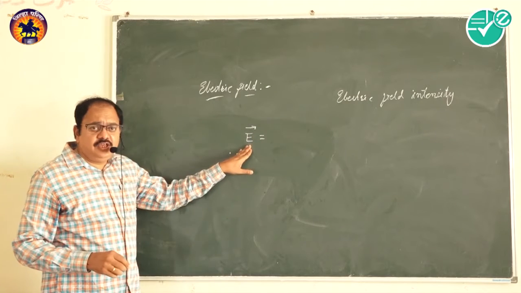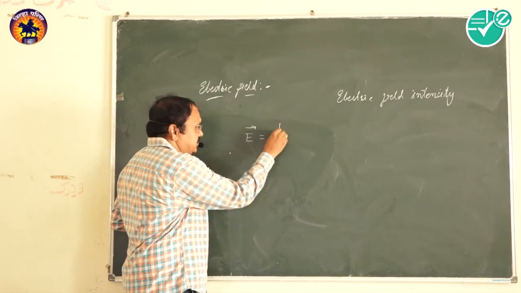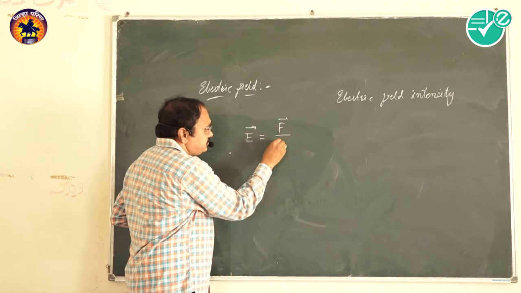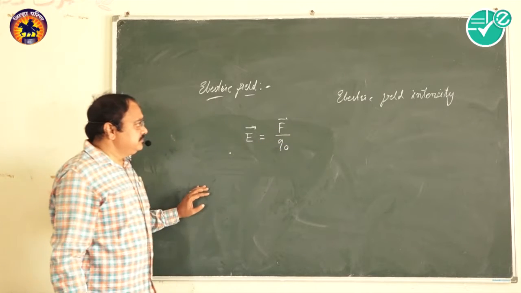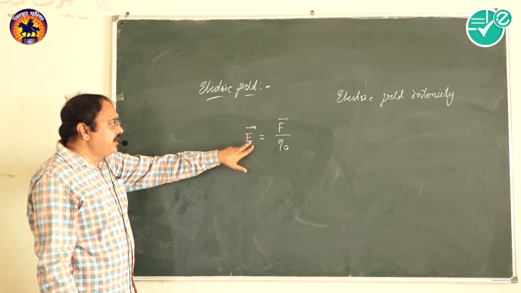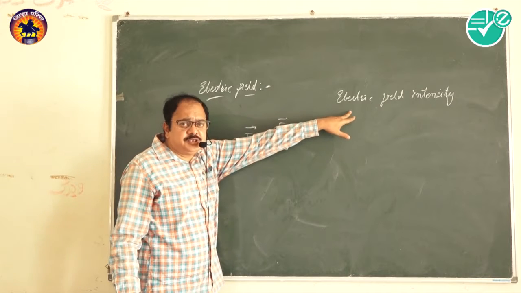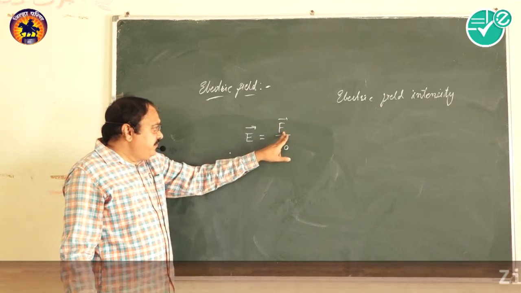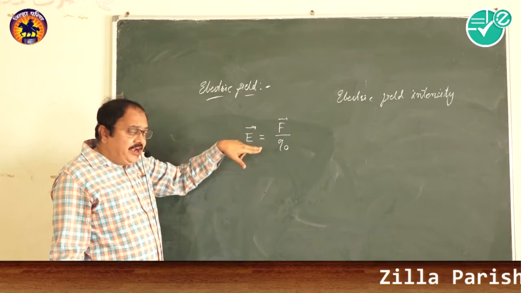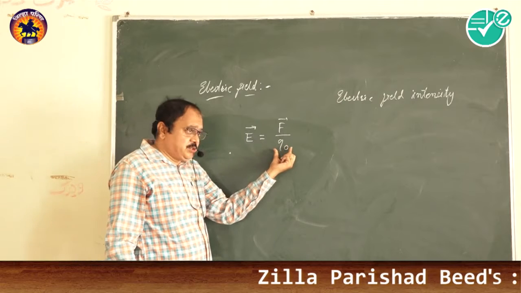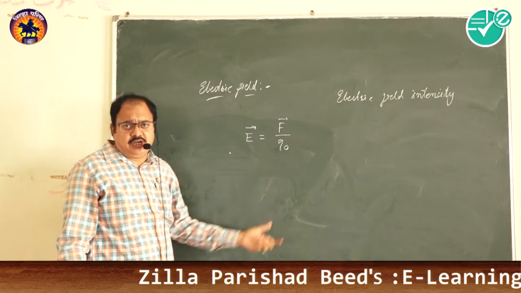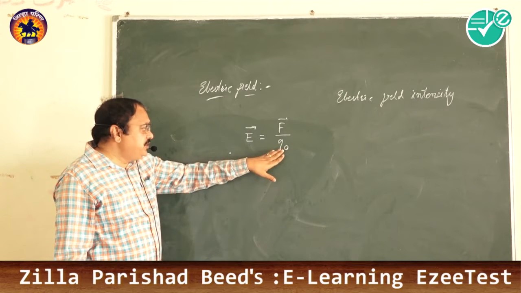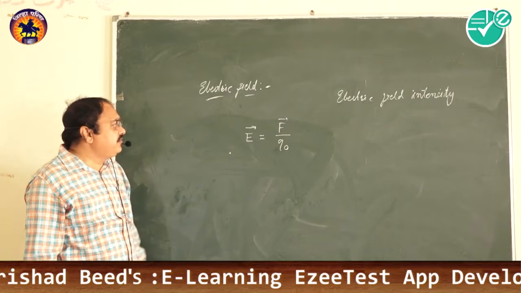Vector E is equal to vector F upon Q naught, where vector E represents the electric field intensity. Vector F is the force which acts on that point charge. This is our reference charge, the point charge placed in that electric field.